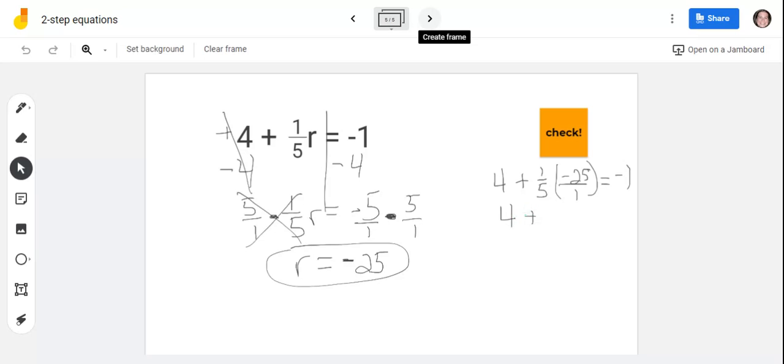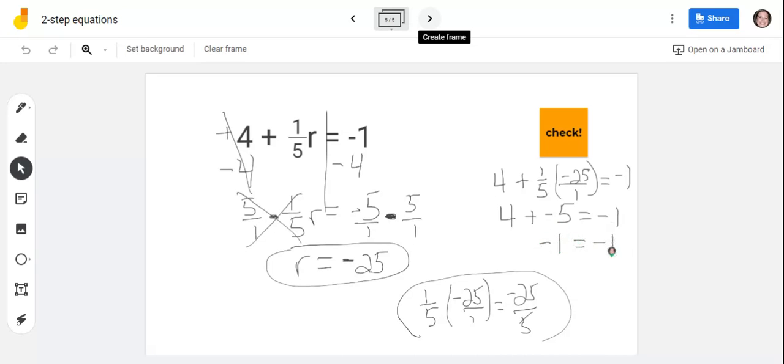So we're going to do negative 25. Let me do this down here. 1/5 times negative 25 over 1 is negative 25 over 5. That will simplify to negative 5. I did a little bit of a shortcut there by not including that calculation. Then I say 4 plus negative 5 is negative 1, and the two sides are balanced, so I'm good.